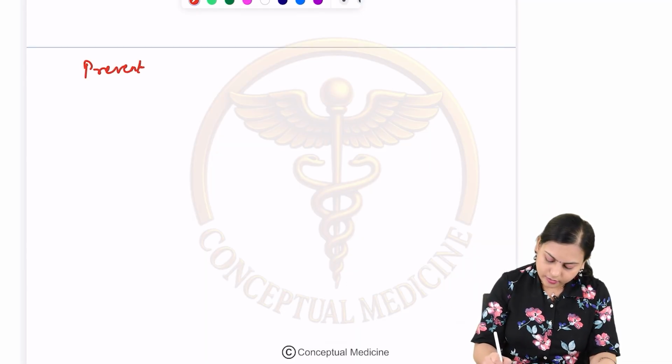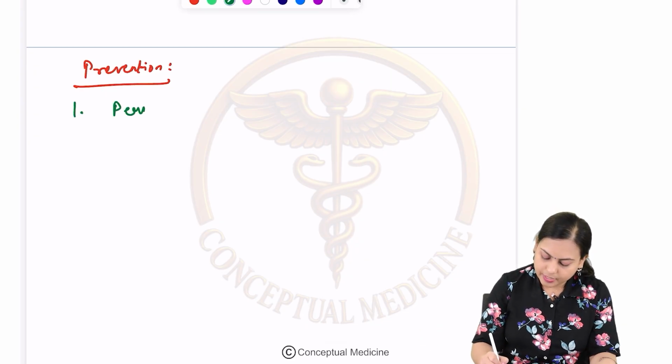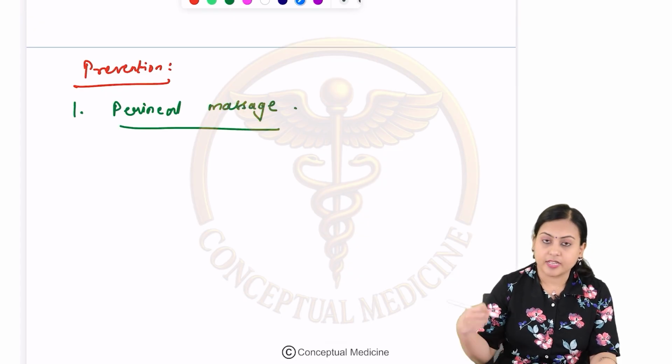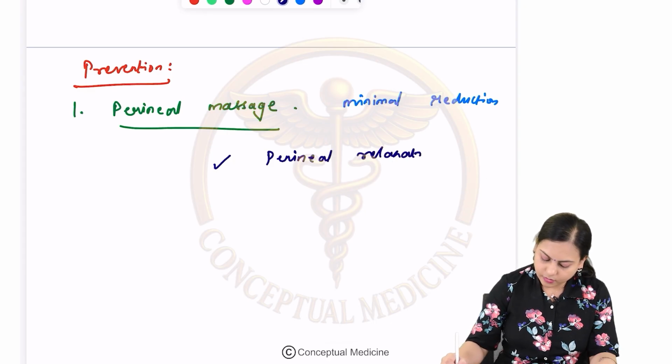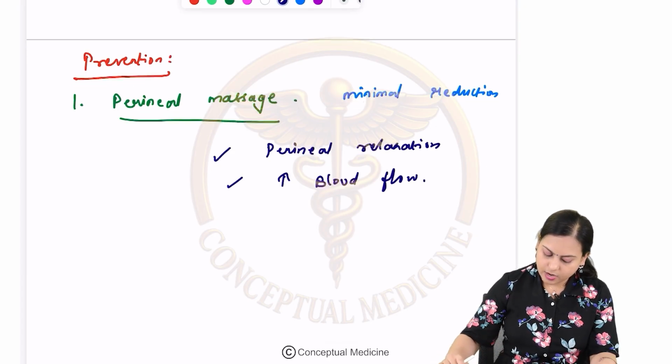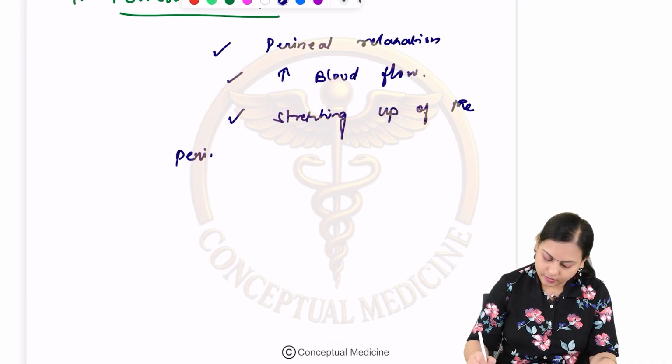Now, how can we prevent it? Prevention of perineal tears can be done by perineal massage. However, the reduction in the incidence of perineal lacerations was very minimal. However, it promotes perineal relaxation, increases blood flow, and helps in stretching the perineum prior to delivery.